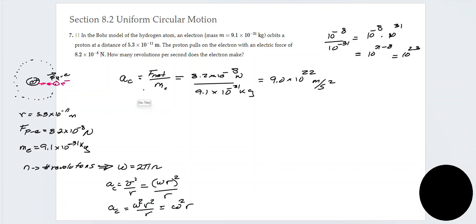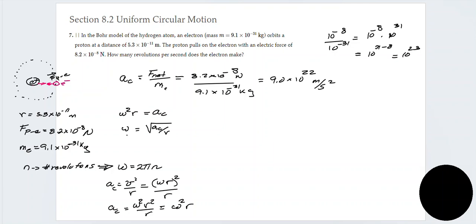So once you know the centripetal acceleration, you say, oh, I know that this is omega squared r, right? As this is my centripetal acceleration, I will solve for omega. So omega would be the square root of the centripetal acceleration divided by the radius.